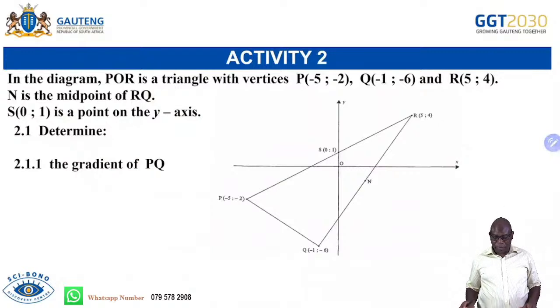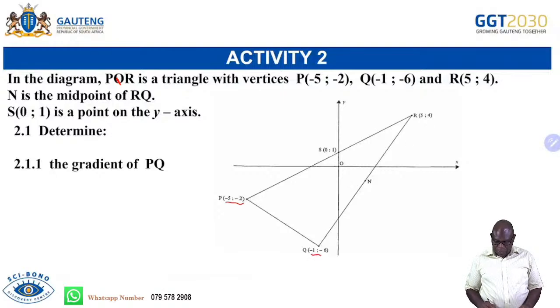In the next one, you'll see same principles. In the diagram PQR, this triangle should be PQR, with vertices P, it's given 5, minus 5 and minus 2.